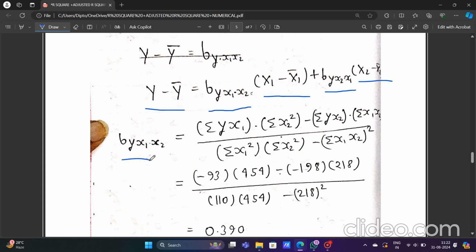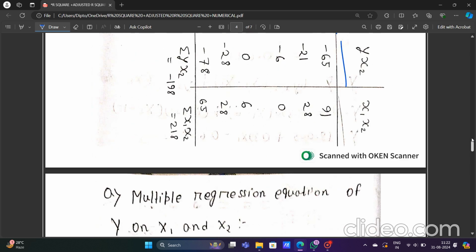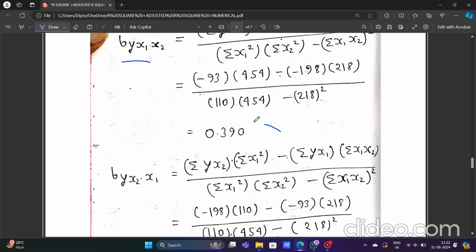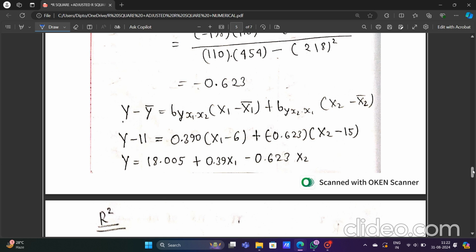This is summation y x1 into summation x2 square minus summation y x2 into summation x1 x2, divided by summation x1 square into summation x2 square minus summation x1 x2 whole square. By just putting in the values we have calculated in the table, we can calculate b y x1 x2. Similarly, in that fashion we can also calculate b y x2 x1, and then we just put the values in the equation as they are.